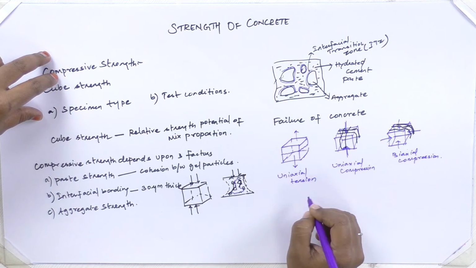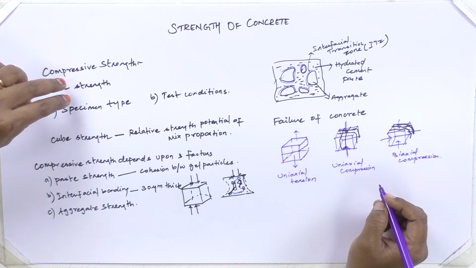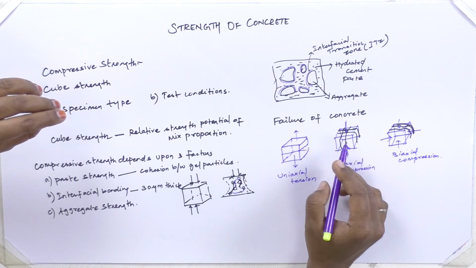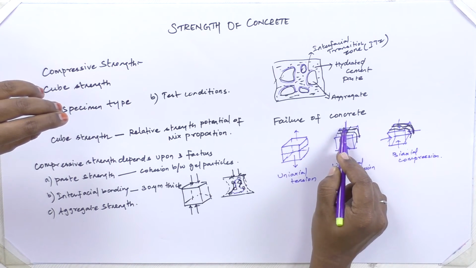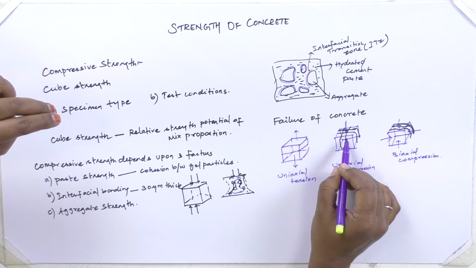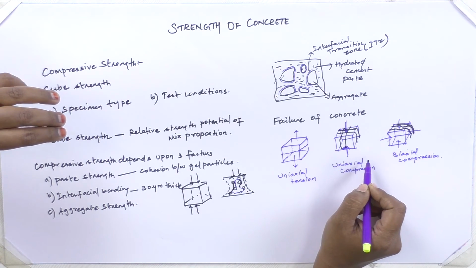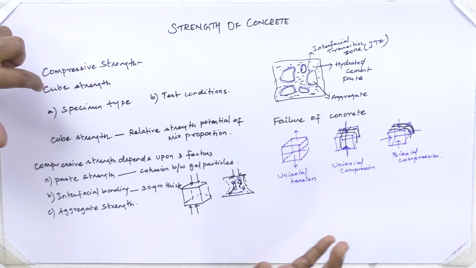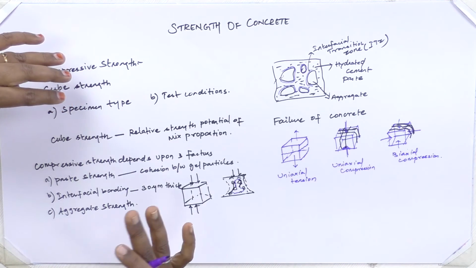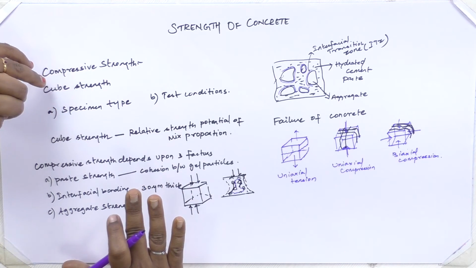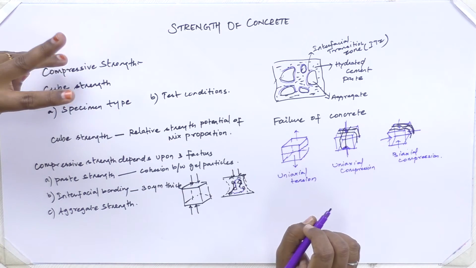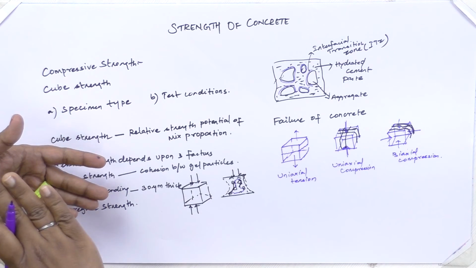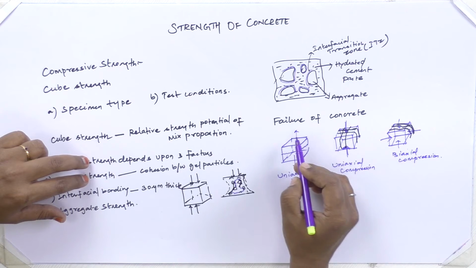And how does this crack grow? If I am applying uniaxial compression, why are the vertical cracks formed like this? The reason is, even though the applied load is of a compression type, the material will fail in tension.